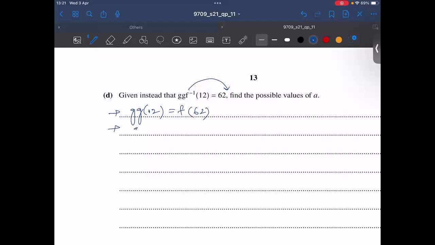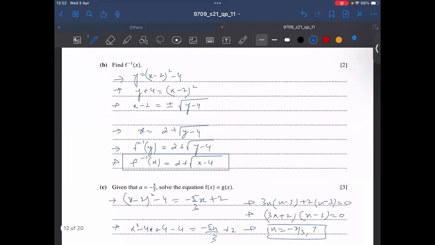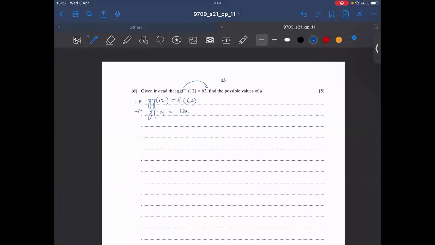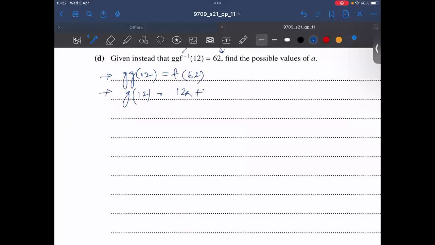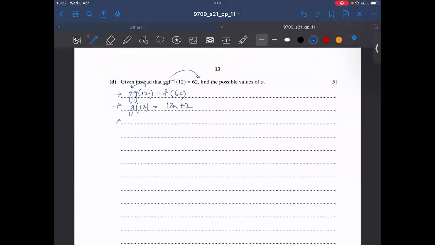So I'll be carrying the value of g of 12, which is going to be minus 5 over 3 times 12 plus how much? No. A is... it's AX, so it's 12A basically. All right, it's 12A plus 2. I'm going to substitute g of 12 into g. So g of 12 is 12A plus 2.